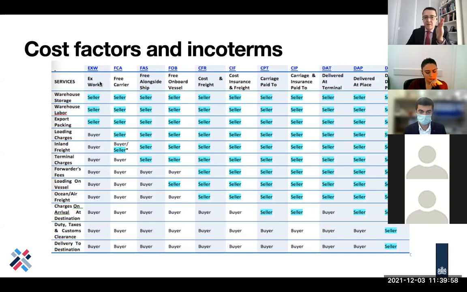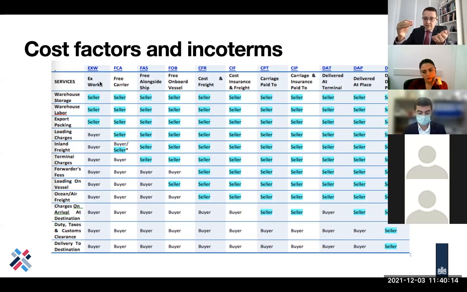Then there is free carrier, that is merchandise put on top of the truck that takes the merchandise to the port. Mind you, these Incoterms refer all to maritime shipping.